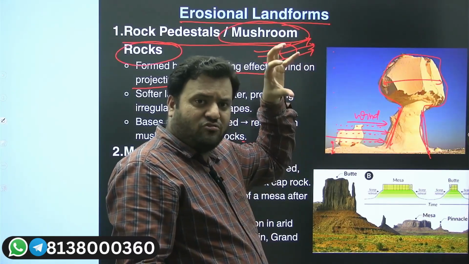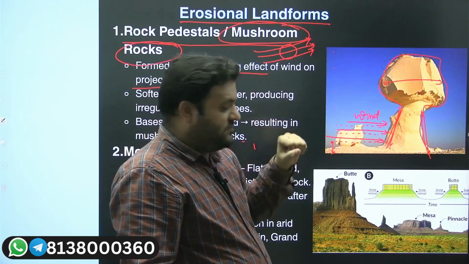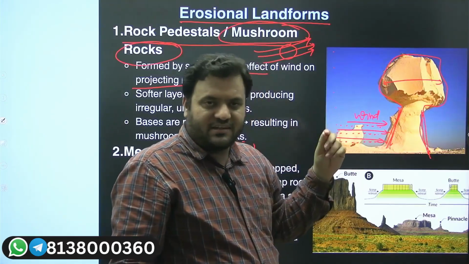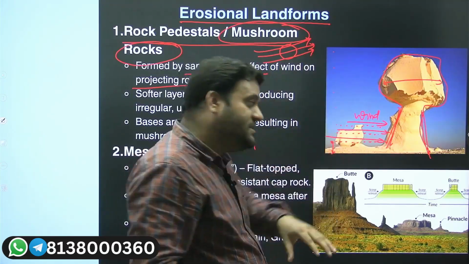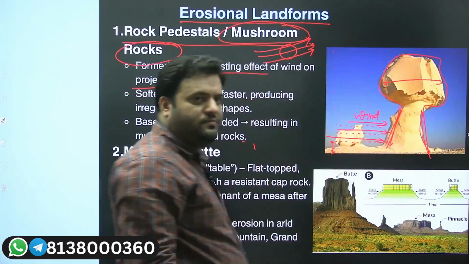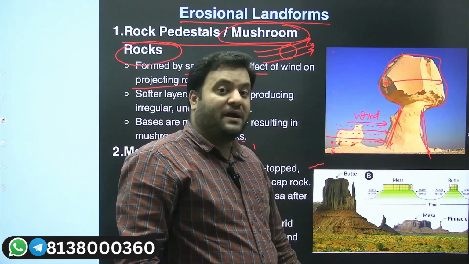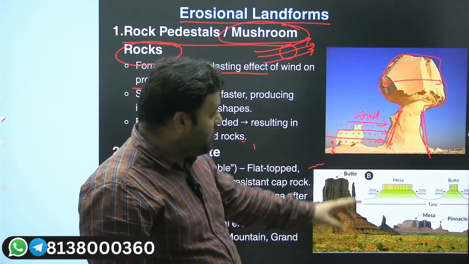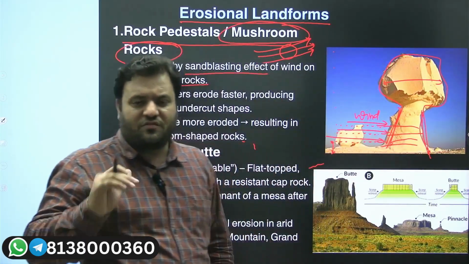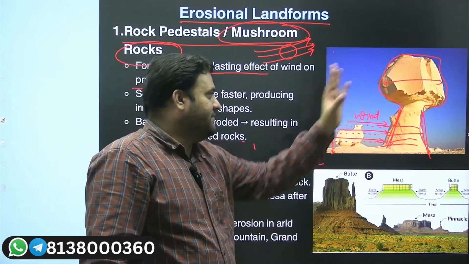Gravity will try to attract any mass towards itself. So these sand particles, because of the gravitational influence, will cause more removal at the bottom rather than the top. So the heavy wind particles under the influence of gravity will cause intense erosion near the surface and less erosion at the top level.